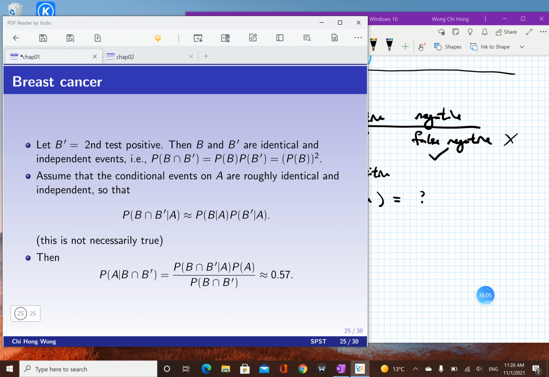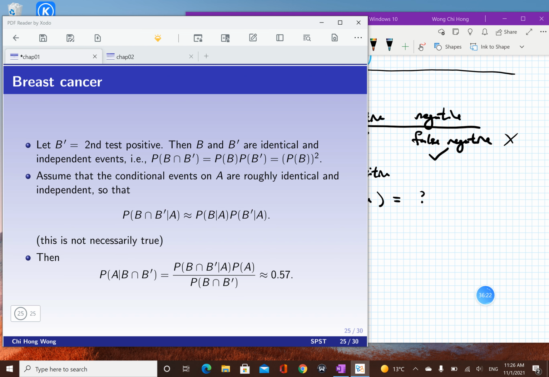If you don't have the disease and you get a positive result, it is still unlikely that you have the disease.